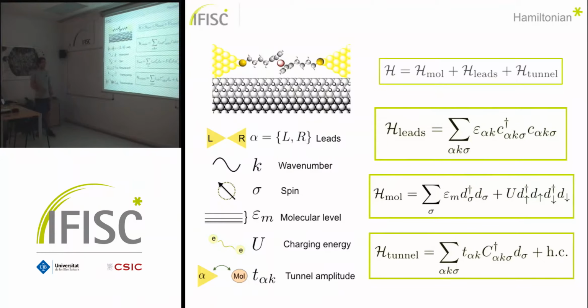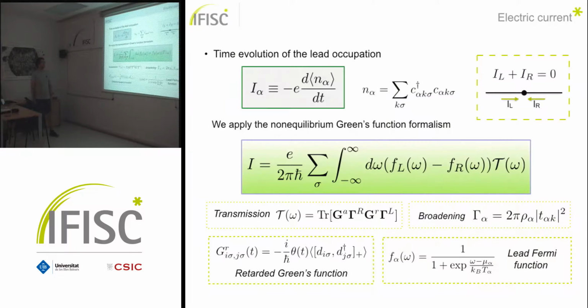The Hamiltonian I'm going to explain now is the same Hamiltonian as the last one I have shown. The only difference is that the energy level is now the one molecular energy level. Okay, this is the Hamiltonian. These are two leads, the molecule with Coulomb interactions, and tunneling between the molecule and the leads.